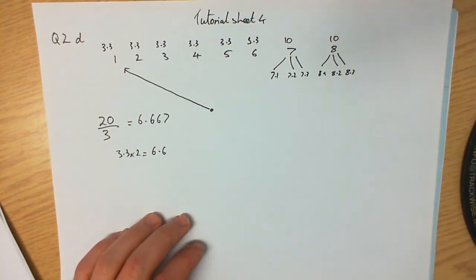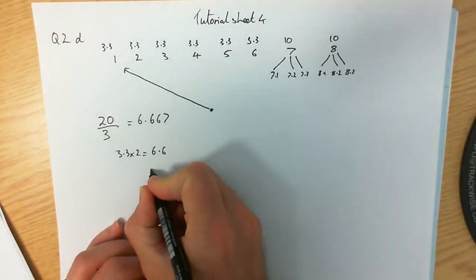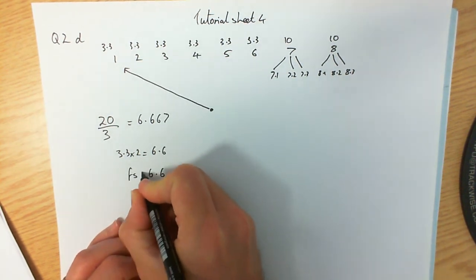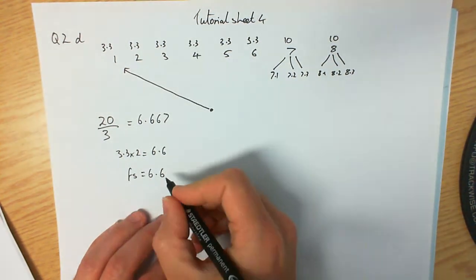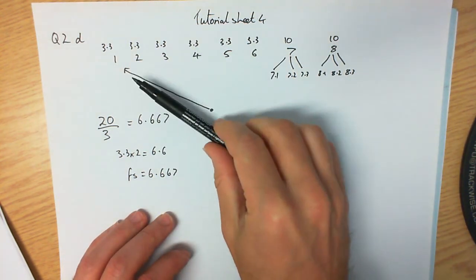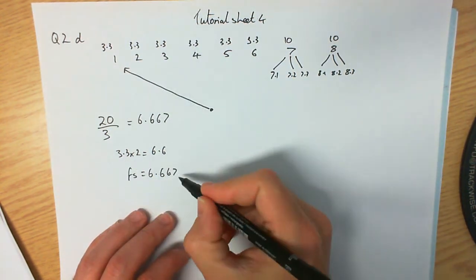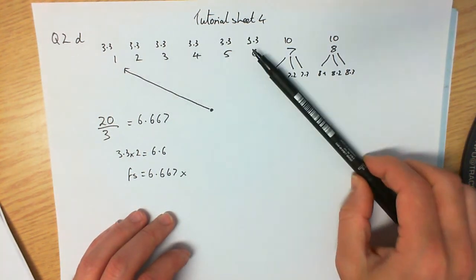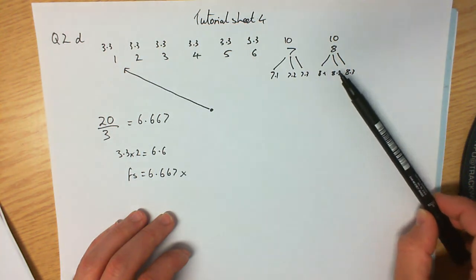So the total sampling rate now, as we're sampling at a much lower rate, is going to be 6.667 recurring, multiplied by the number of samplings we're doing, which is 6, 7, 8, 9, 10, 11, 12.